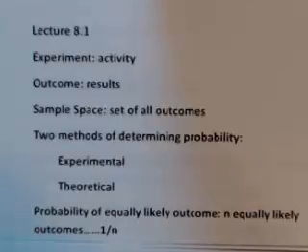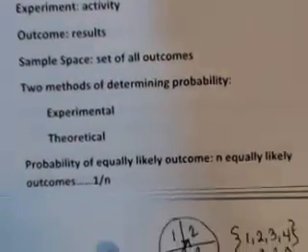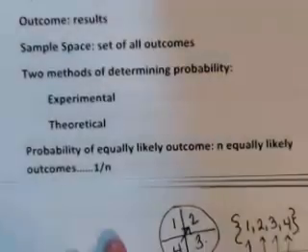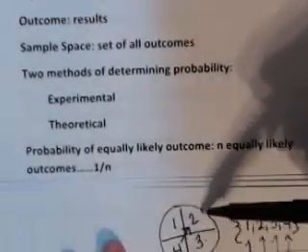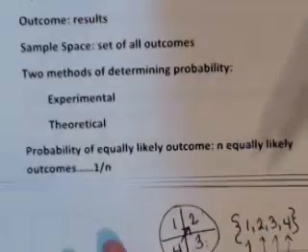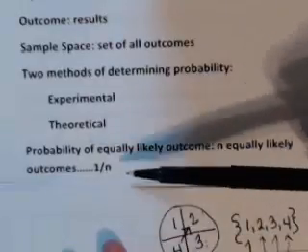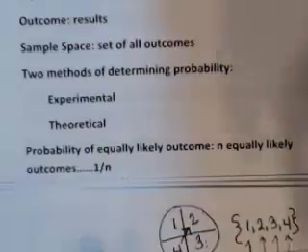The probability of an equally likely outcome, like this example, is 1 over n, where n is the number of outcomes that you could have.